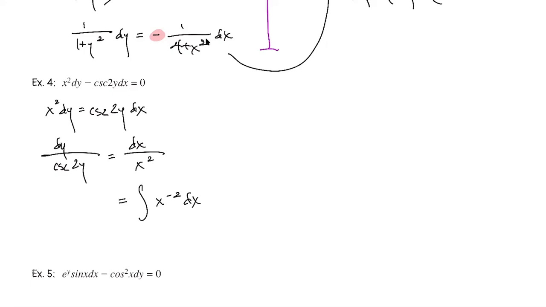What might be a good way to rewrite the left-hand side? Sine 2y. Yeah, okay, so this goes back to a pretty fundamental trig identity that 1 over cosecant is actually the same thing as sine of whatever you're cosecanting.